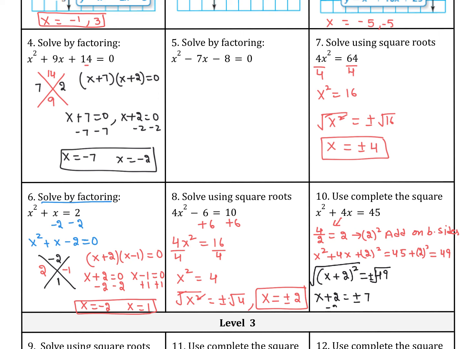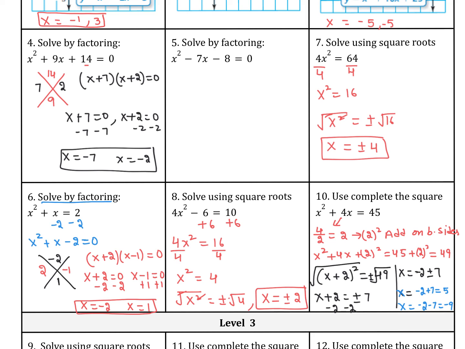And when you subtract 2, you get two equations, x = -2 plus or minus 7. So you get two answers: x = -2 + 7, that's 5, and x = -2 - 7, that's -9.